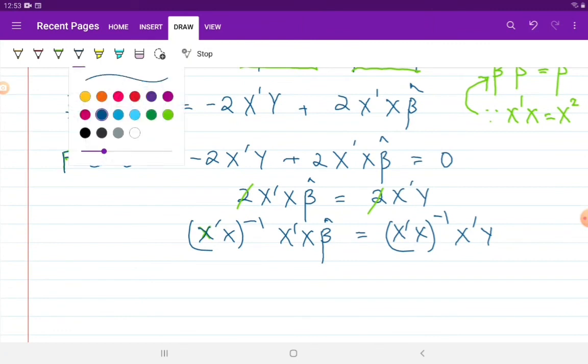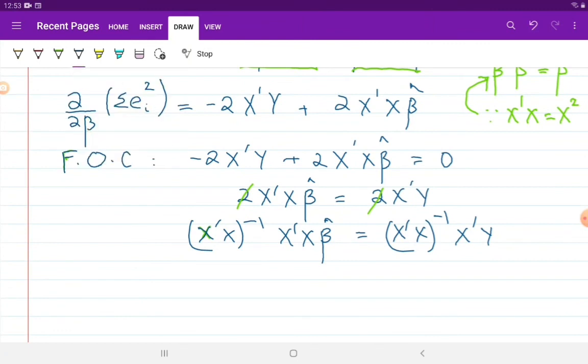Now one more rule of matrix multiplication is that if you have a matrix A, A inverse into A will give you the identity matrix, which is the equivalent of 1 in the form of a matrix. So x transpose x whole inverse into x transpose x becomes equal to I, and I times any matrix is equal to the same matrix.